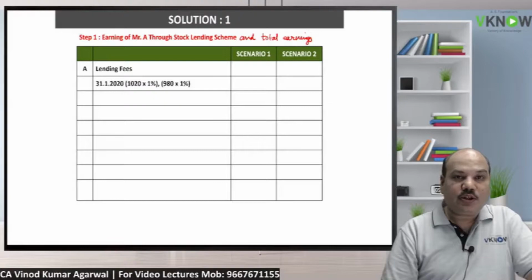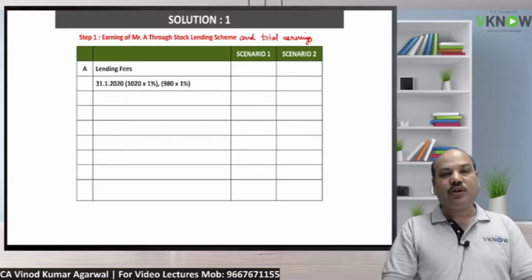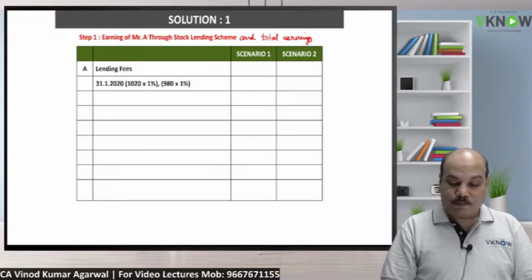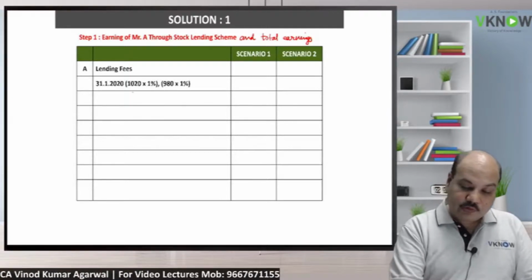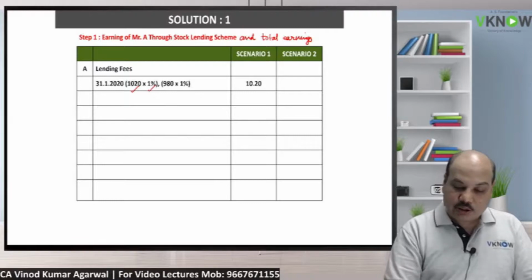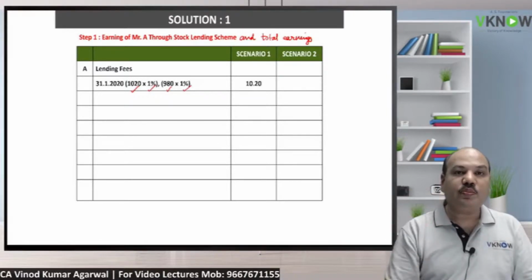Lending fees will be received at the end of the month, which is 1% of the price of the share. So first we write down 31/1/2020. In scenario 1, the price is 1020 into 1%, 10.20. In scenario 2, 980 into 1%, 9.8.